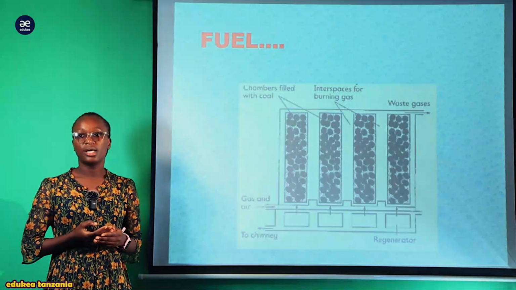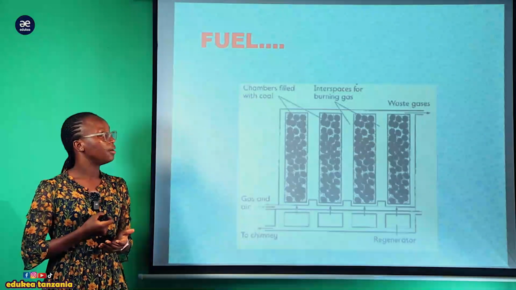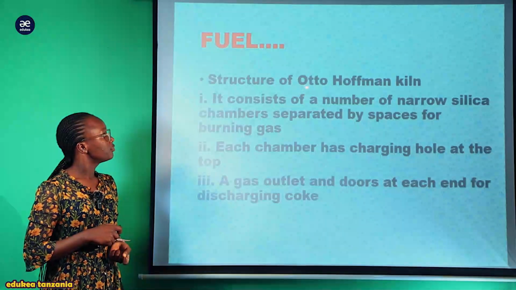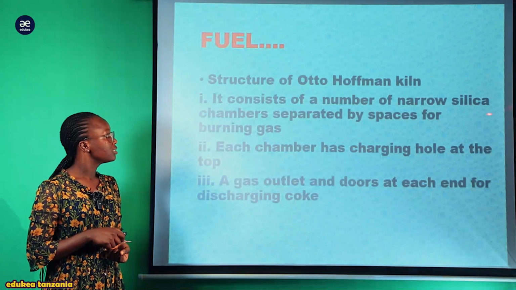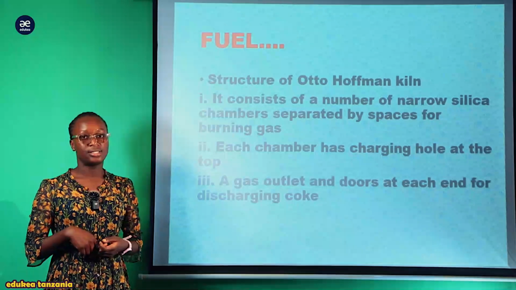Now, the structure of the Otto Hoffmann kiln consists of a number of narrow silica chambers separated by the space for burning gas. As we have seen here, these are the chambers which are separated from each other to allow the interspace for the burning gases.